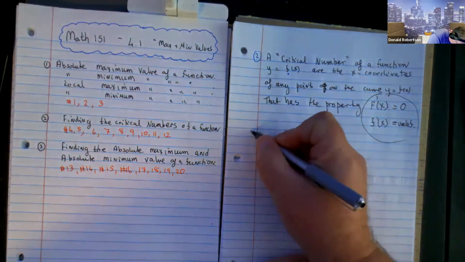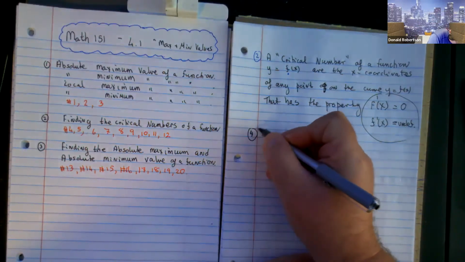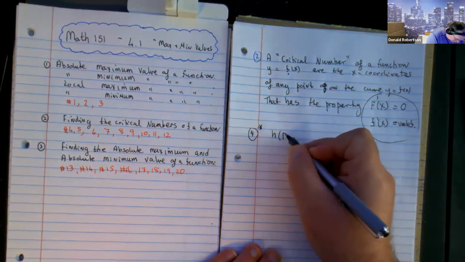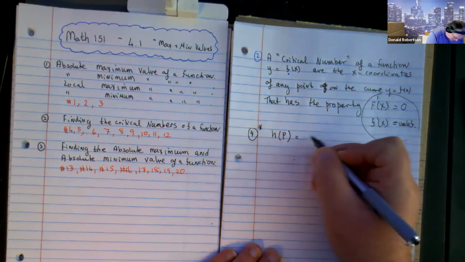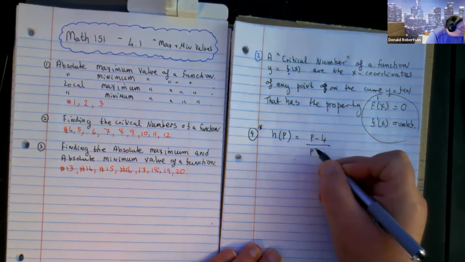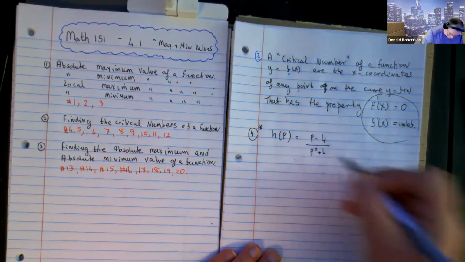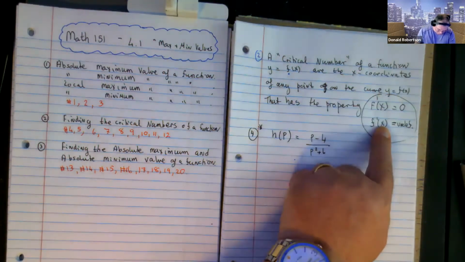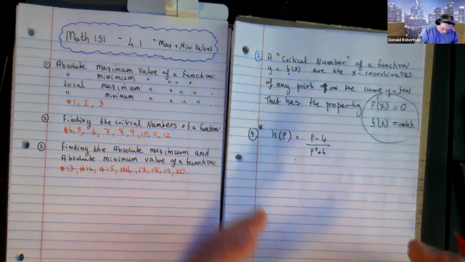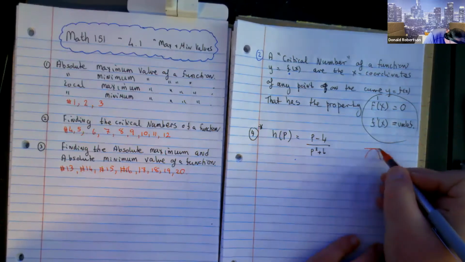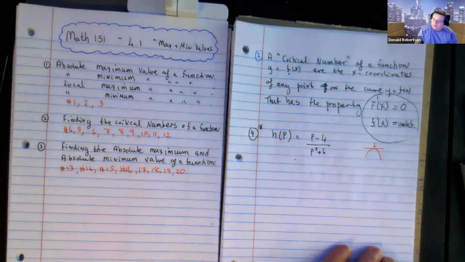So here is our first example of that, which is question 4. And we have a function, h of p equals p take away 4 over p squared add 6. Now, if you're wondering why these properties tend to give you local max and mins, would you agree that when the derivative is 0, you're typically at the top of a hill?